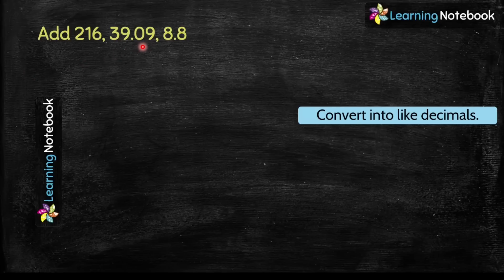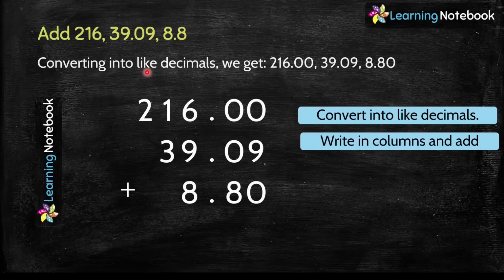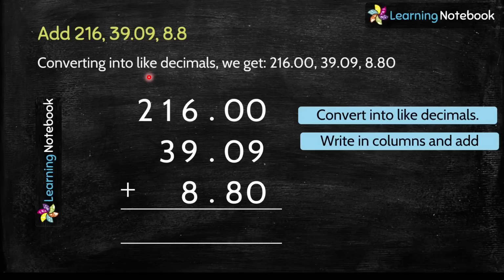So let's convert each one of the given decimals into like decimals having 2 decimal places. Now let's move to step 2, where we will write each of the given decimal numbers in columns as shown here. And we will make sure that the decimal points are below each other.